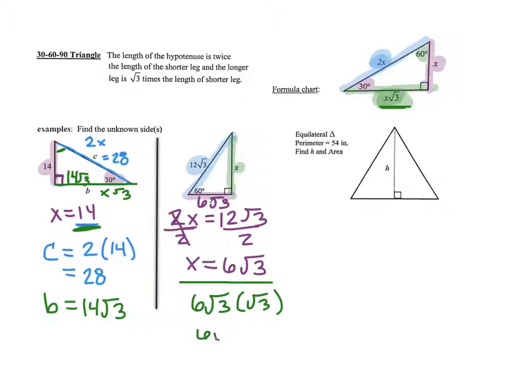So it's going to be 6 square root of 3 times square root of 3, or 9. 9, as we said yesterday, is a perfect square, so that comes out as a set of 3s. We multiply and we get 18. So this side here is 18.